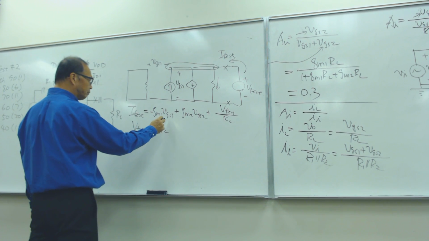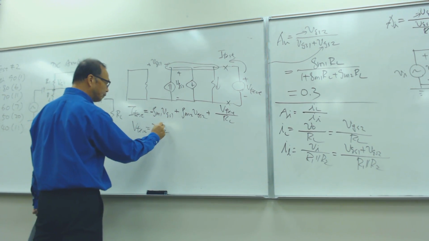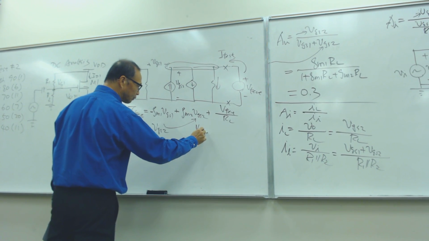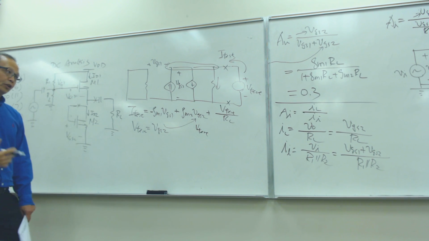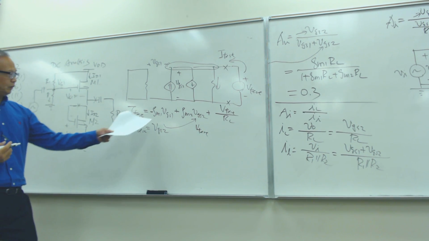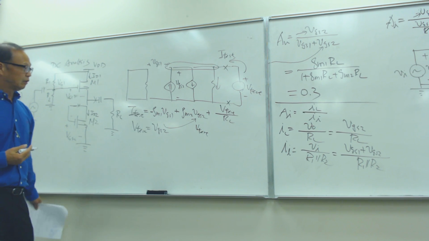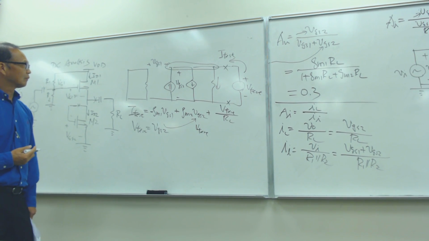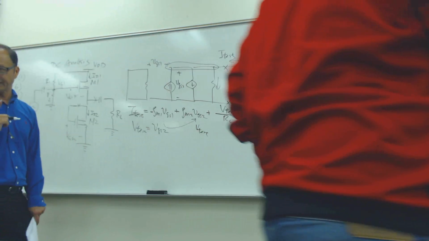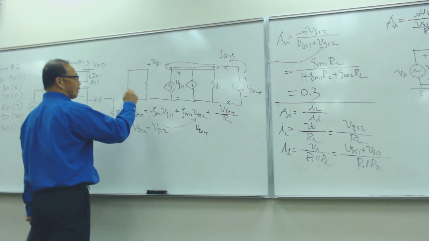So therefore this guy becomes what? This guy becomes V test, yes? Okay, but we still have an unknown. VGS1, correct? VGS1 is not zero. Some people make mistakes. It was the way I drew mine.